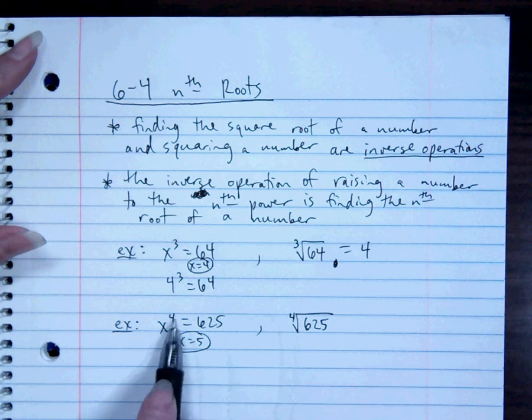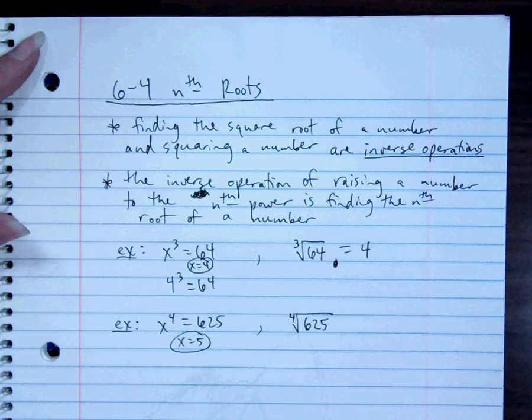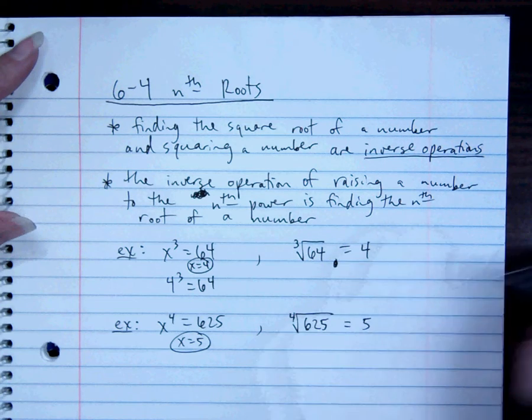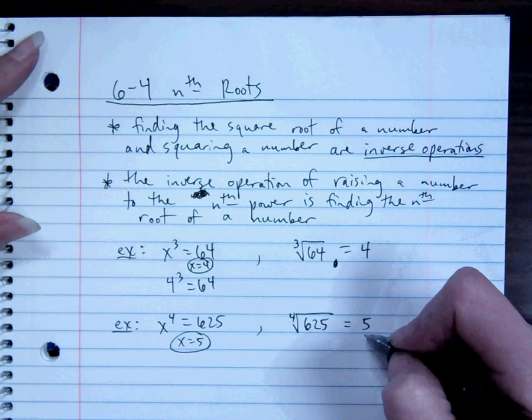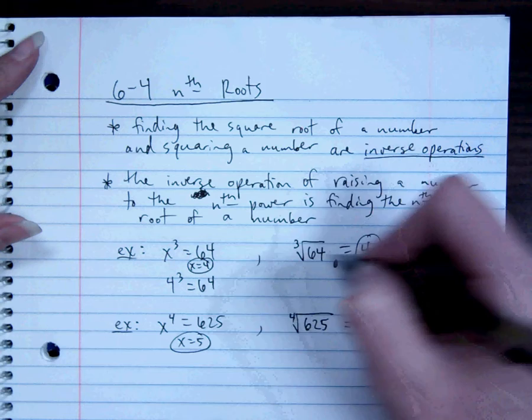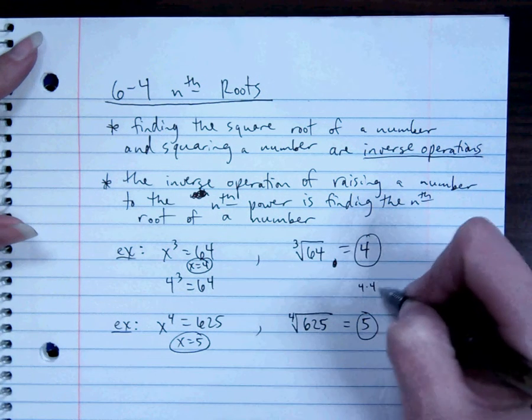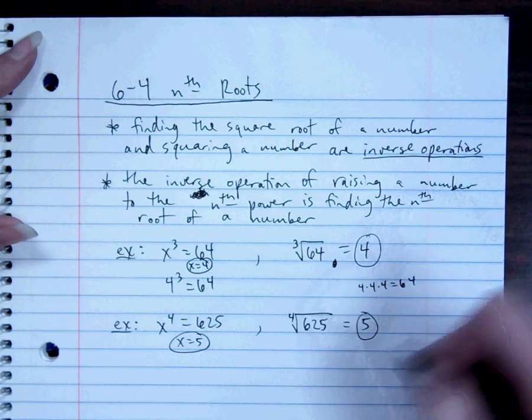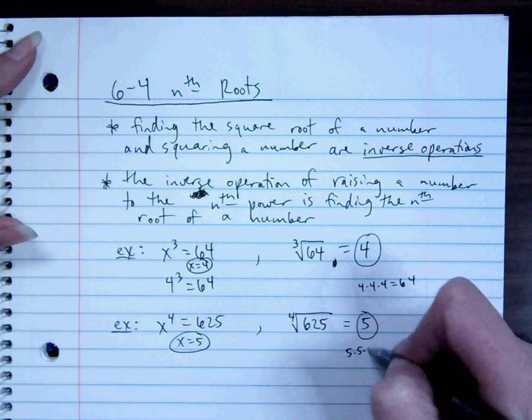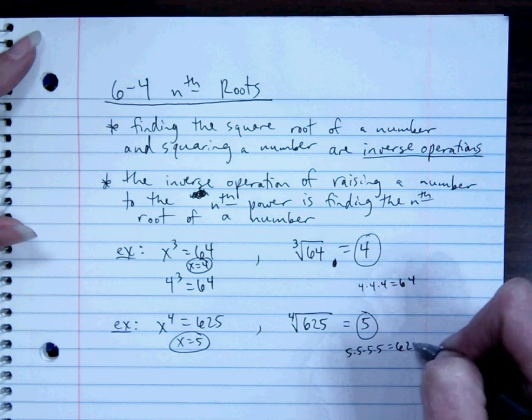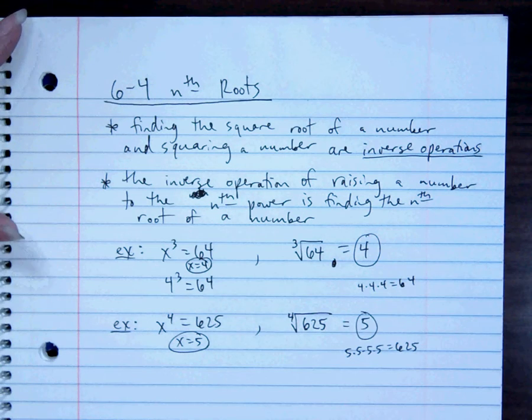Those are inverse operations. And the fourth root of 625 will be 5. Okay, so we're saying, hey, these are the examples over here, here's the answers. In other words, 4 times 4 times 4 equals 64. 5 times 5 times 5 times 5 equals 625. Like, that's how we're getting to an answer here.